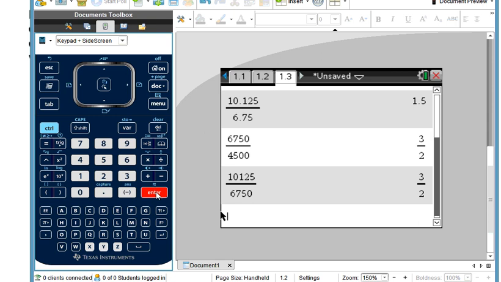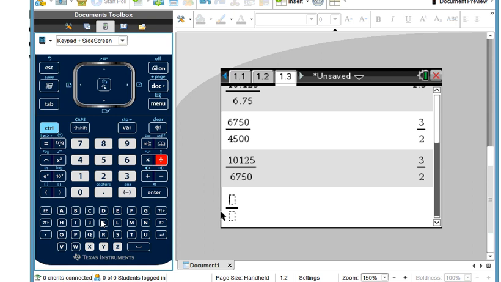And we get the same thing, 3/2. So it's looking pretty much like that's where it's going to be.